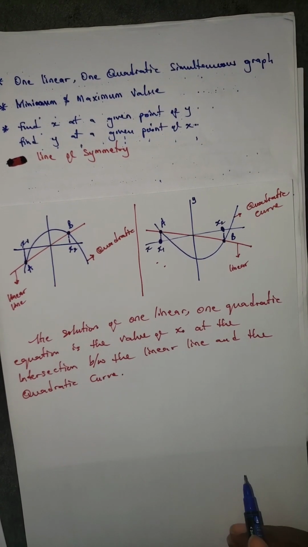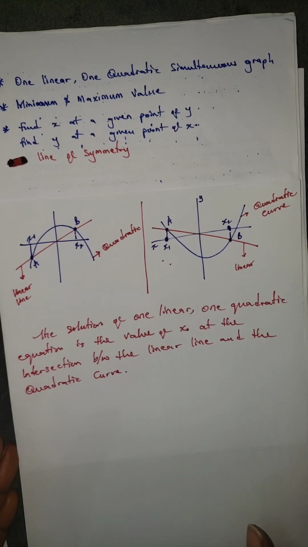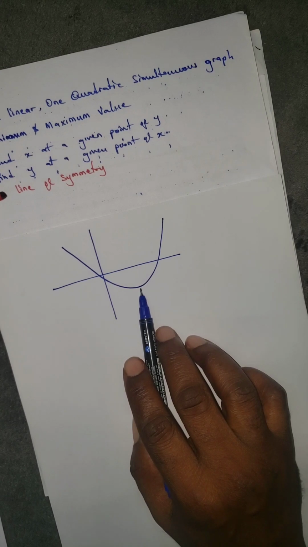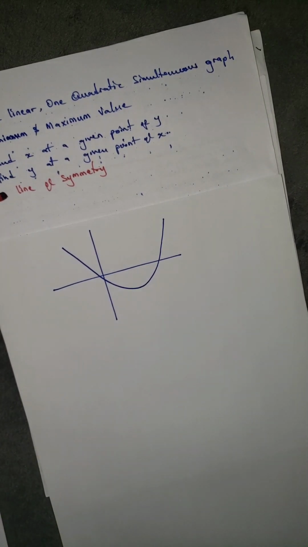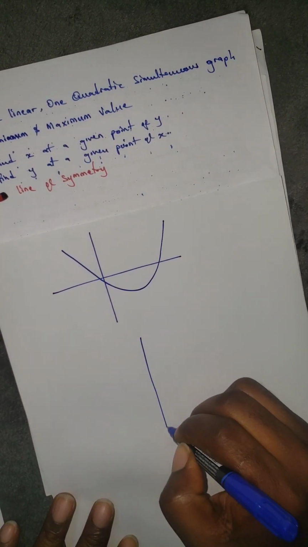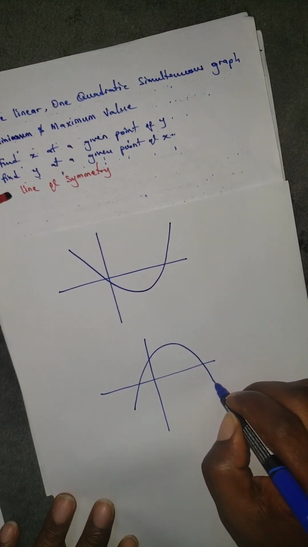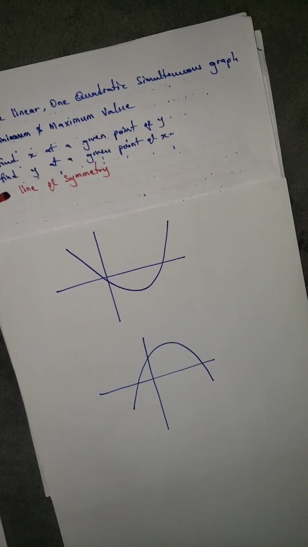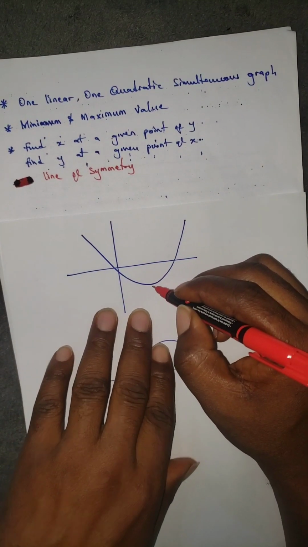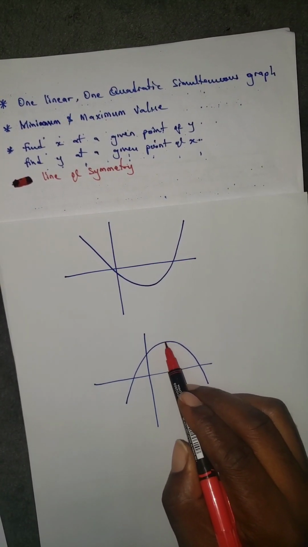Then another thing we're going to look at is minimum value, maximum value, and line of symmetry. So when you have a curve of this nature, let's make it two so that we can both explain. This one here will give you your minimum value, and this one here will give you your maximum value.